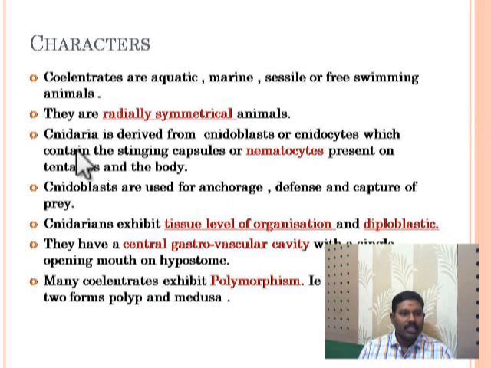Here, cnidaria is derived from the cnidoblast or cnidocytes, which contain the stinging capsules, nematocysts. Yes, this is the very important feature with respect to coelenterates. If you speak about Porifera, the special feature is the water canal system.